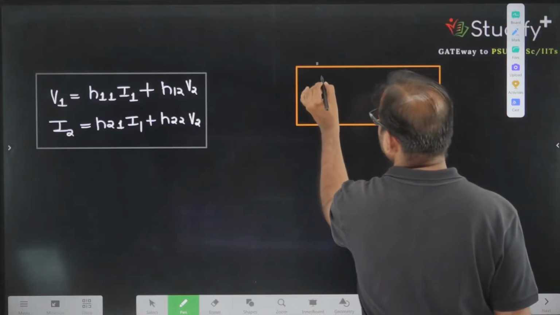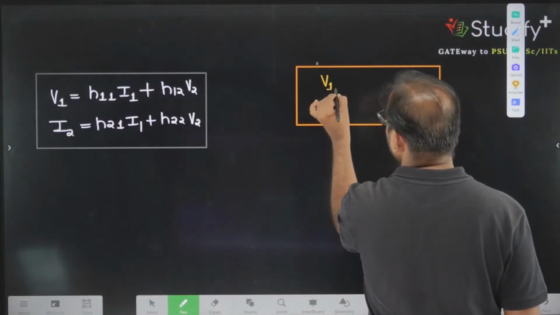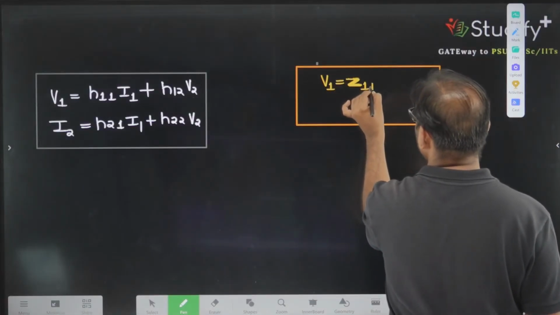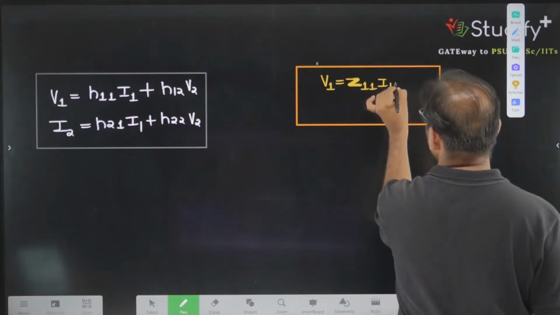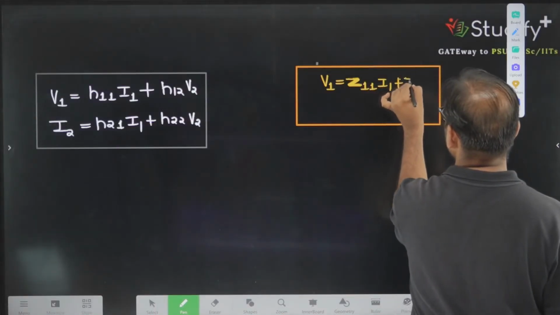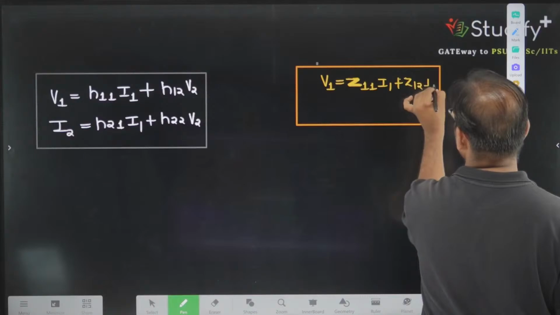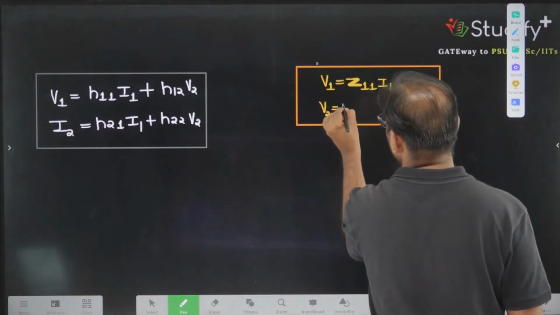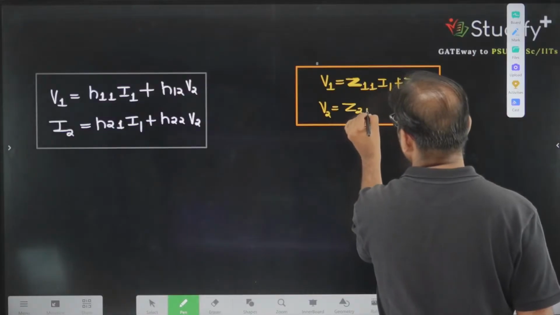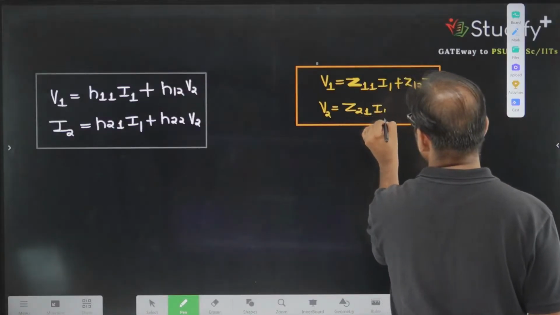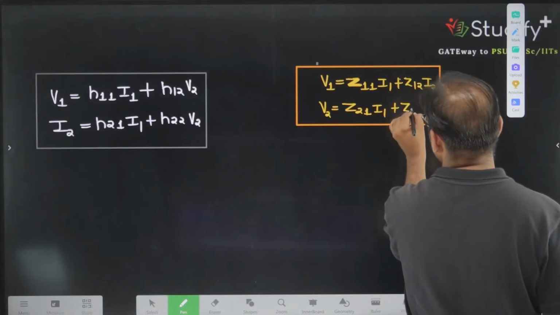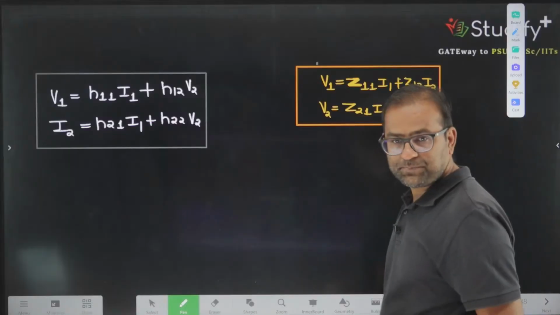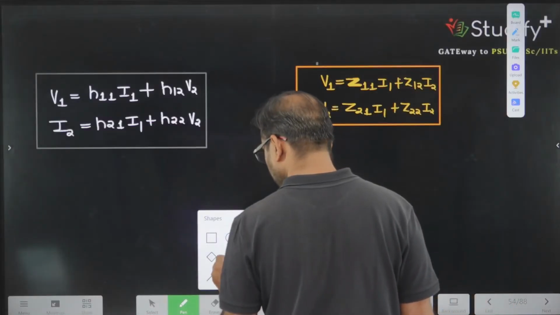V1 is equivalent to Z11 I1 plus Z12 I2, and V2 is equivalent to Z21 I1 plus Z22 I2. Correct?